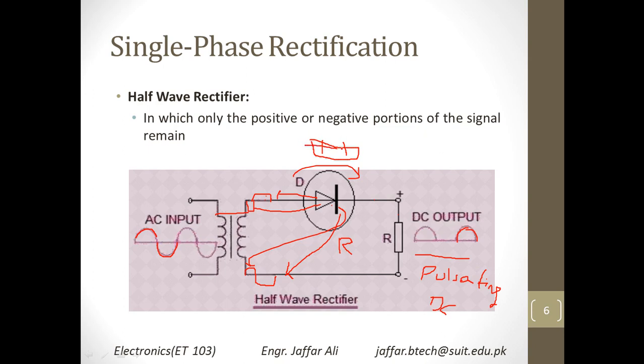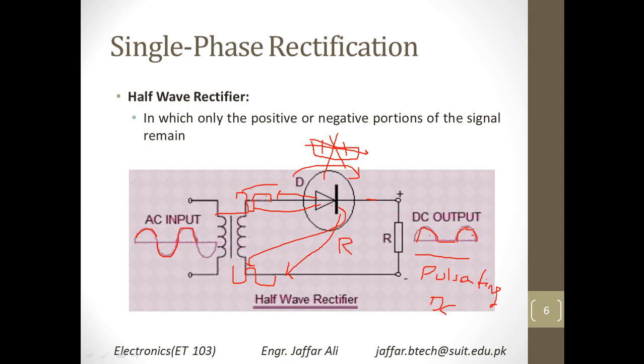There is no conductivity, the circuit becomes open, so there will be no output. Then when another positive peak comes, it becomes forward bias again, conduction occurs, and you get the next peak. The negative peak has been eliminated in this process, so this is a pulsating DC.